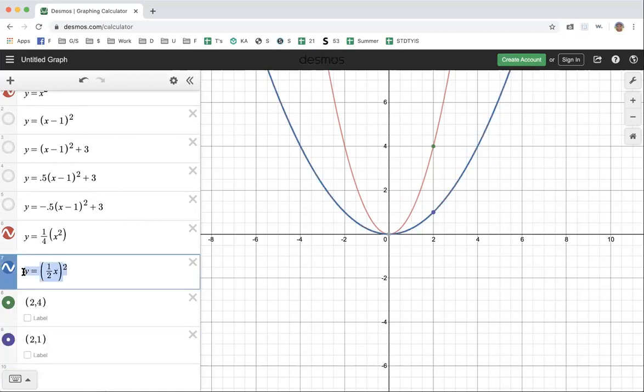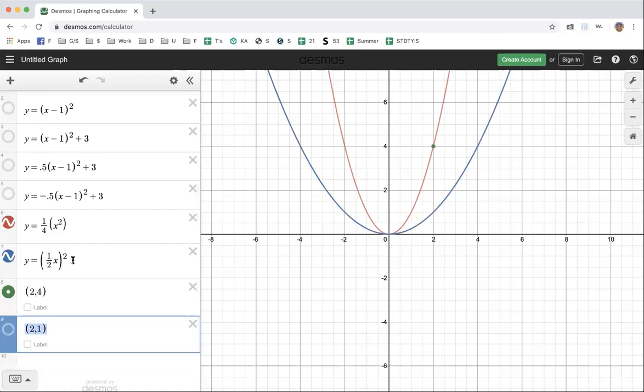If we look at this version, remember we said inside the parentheses it affects x opposite to how it looks. So this affects x, but since it's a small number, it actually gets wider. So that same point 2, 4, if we're looking at this version, we'd say the graph gets wider.